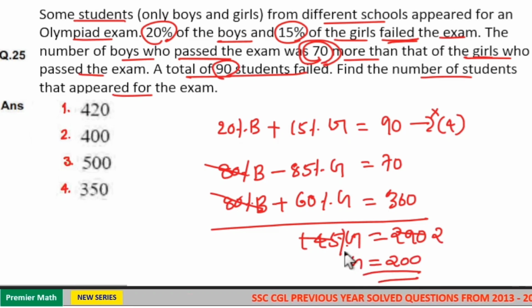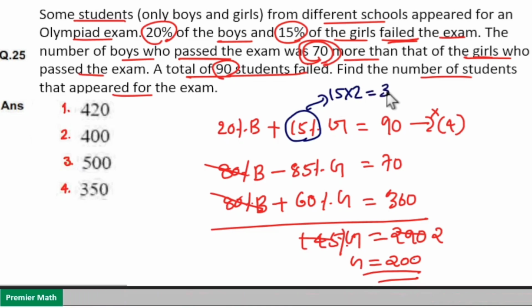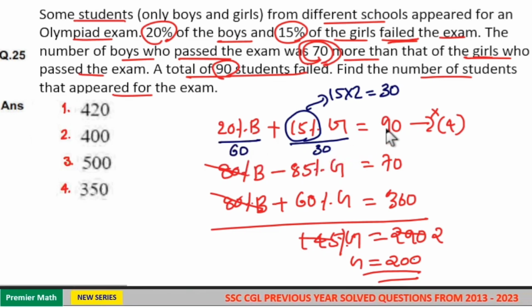Total girls is 200 means here 15% of 200 is equal to 10% is 20, then 5% is 10. So 15% is equal to 15 into 2, 30. So if 15% girls is 30, then 20% boys should be 60, because 60 plus 30 is 90.